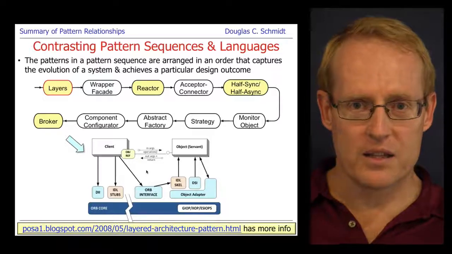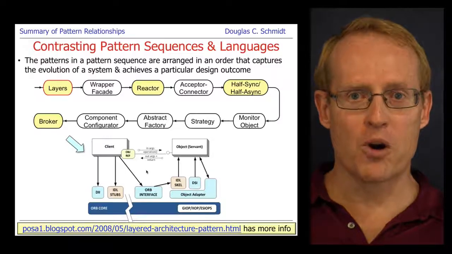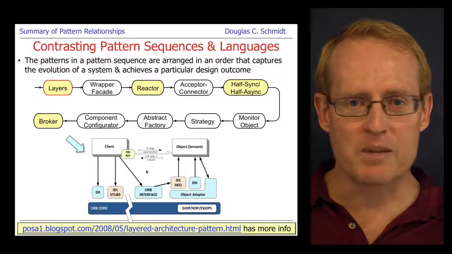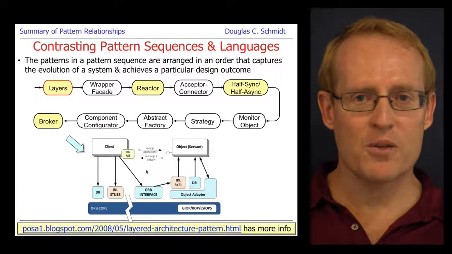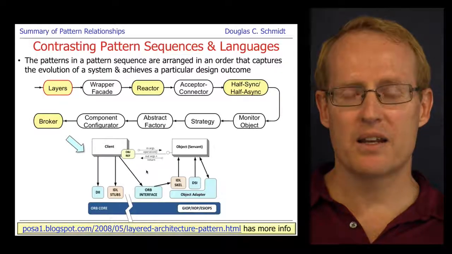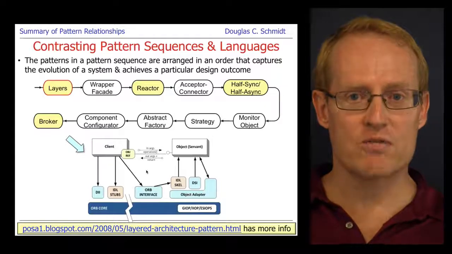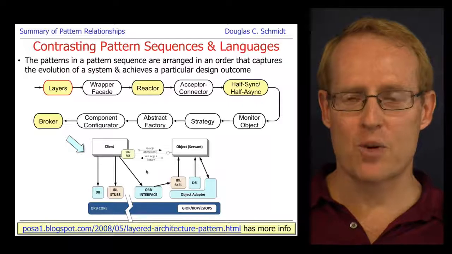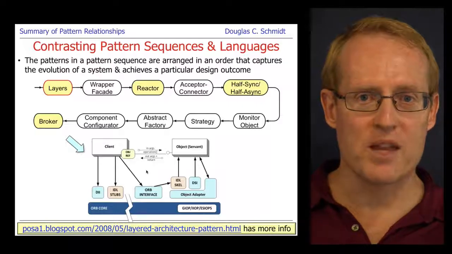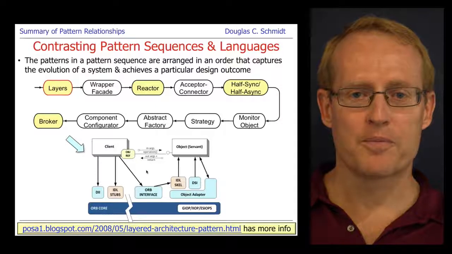We'll be using layers in our particular pattern sequence to break up our broker into the operating system encapsulation layer, the part that deals with the so-called core broker behavior, things like connection management, event and request demultiplexing, concurrency, synchronization, fault tolerance, and so on. And then other layers that deal with actually taking the requests and getting them dispatched up to the objects themselves. Those are some of the layers you would find in a broker.